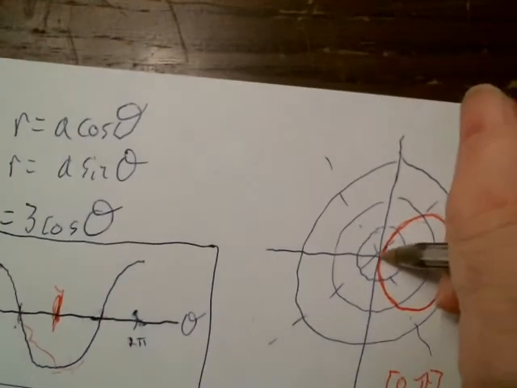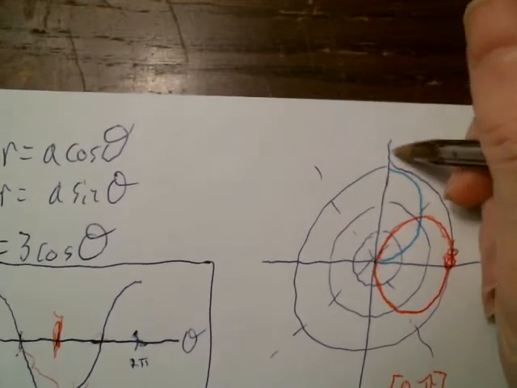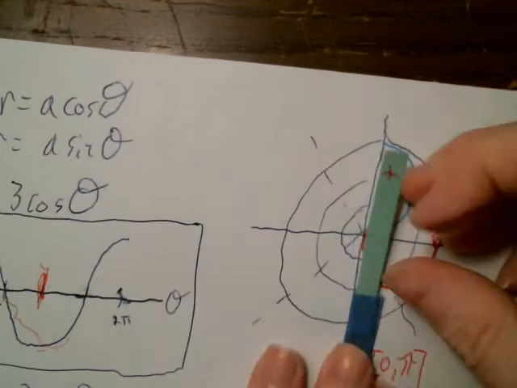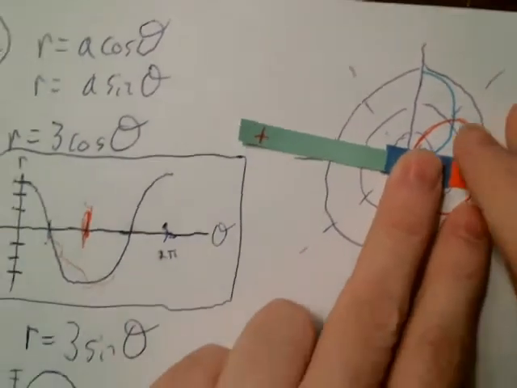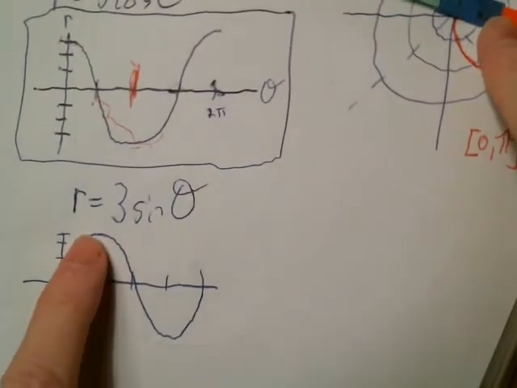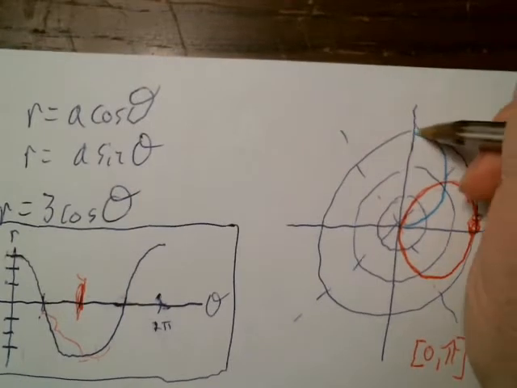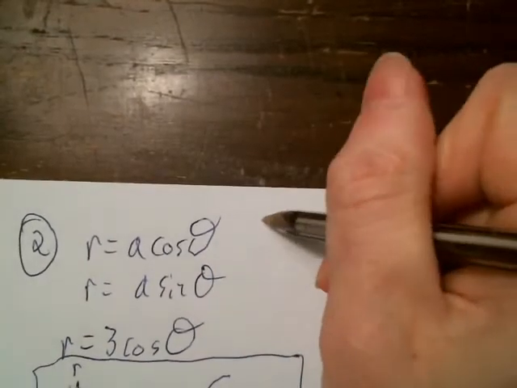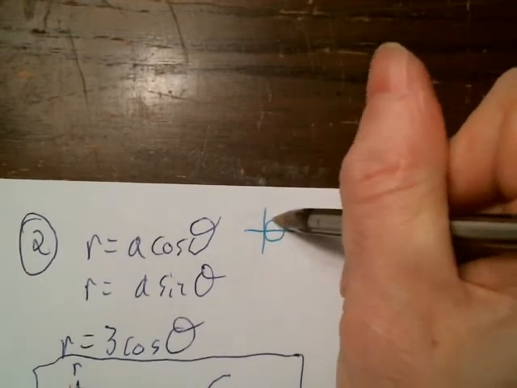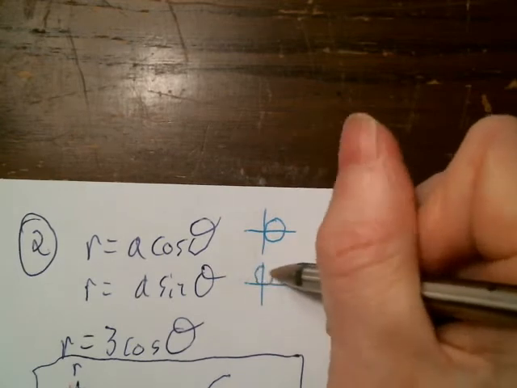So the end result will be this curve here, and then from pi over 2 to pi, it'll trace out the other half of the hemisphere as it goes from 3 back to 0, okay? So this graph is always going to be like this, and then this graph here is always going to be like this.